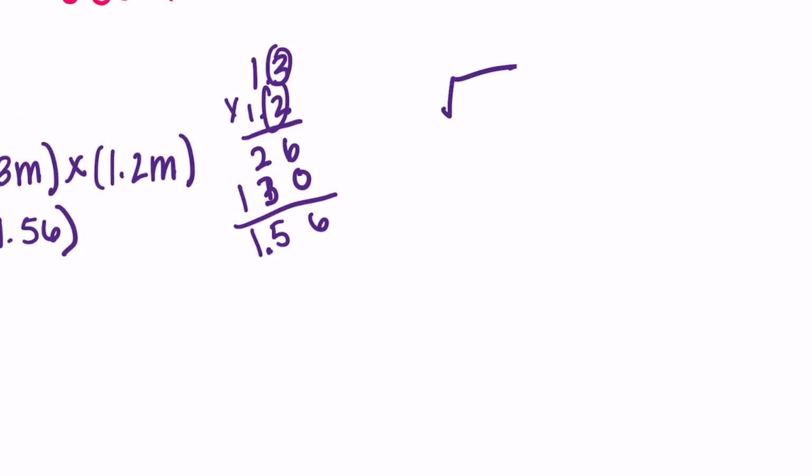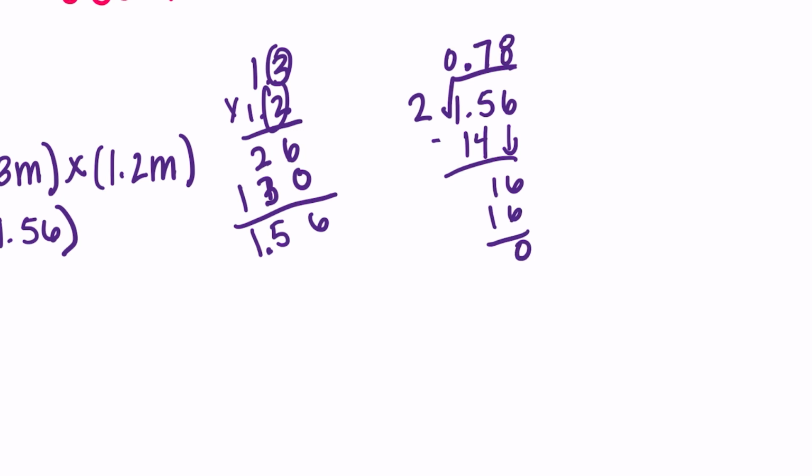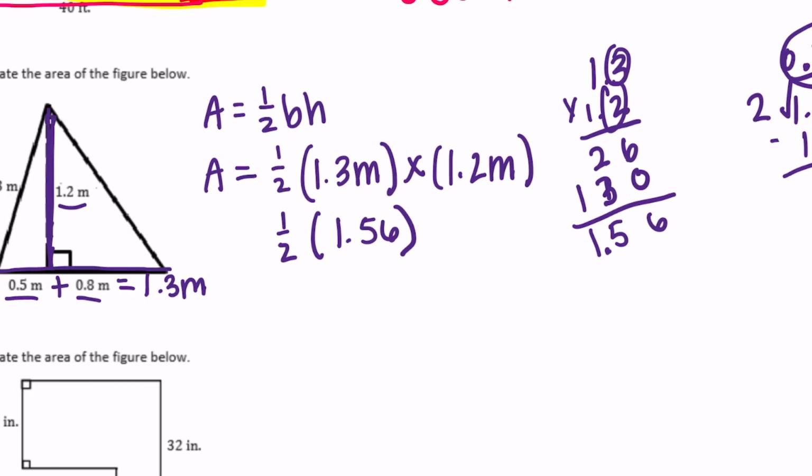I'm just going to divide it by 2. Bring the decimal point straight up. 2 can't go into 1, but it can go into 15 7 times. And 2 goes into 16 8 times. No remainder, nothing to bring down, so we get 78/100 meters squared as the area.